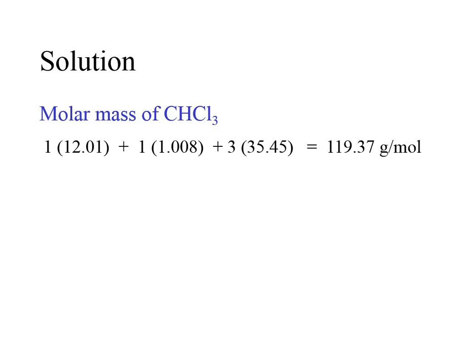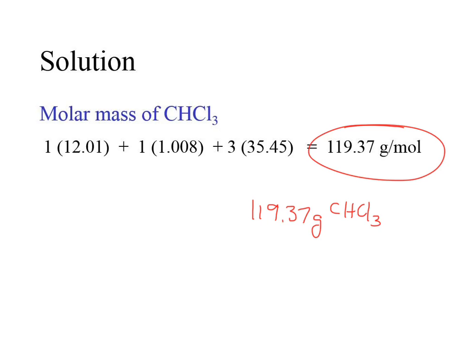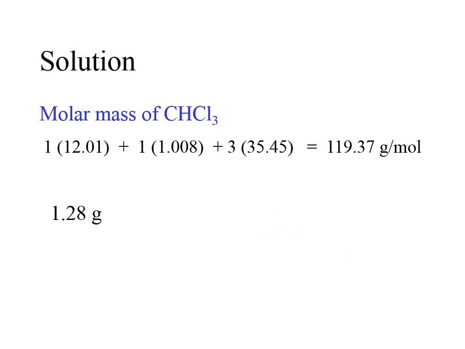Especially if I'm early on working with this, I would unpack this: 119.37 grams of chloroform, which is CHCl3, per 1 mole of CHCl3. Usually you have plenty of time. What could be more important than chemistry, right? That's what we mean by molar mass. So let's work the problem.